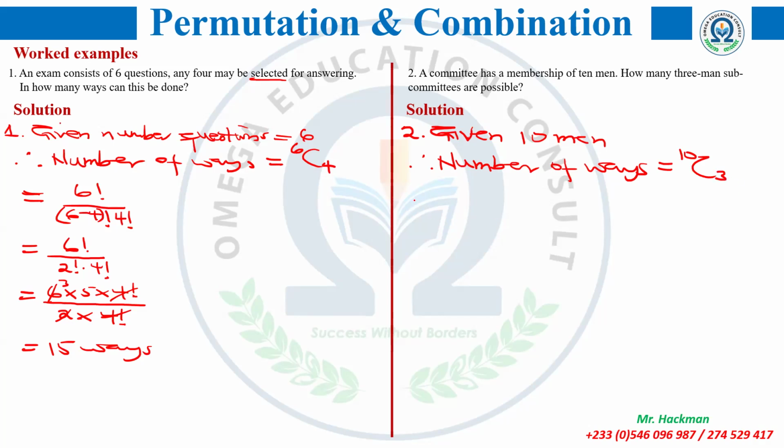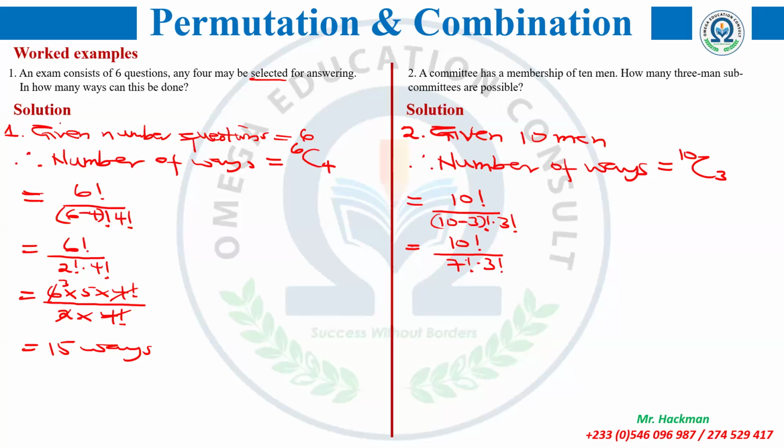Yes, please. Which in effect will be equal to, don't use your calculator straight away. Use the definition first: 10 factorial over 10 minus 3 factorial, then times 3 factorial. Which in effect will give us 10 factorial over 10 minus 3, and that is 7 factorial, times 3 factorial.